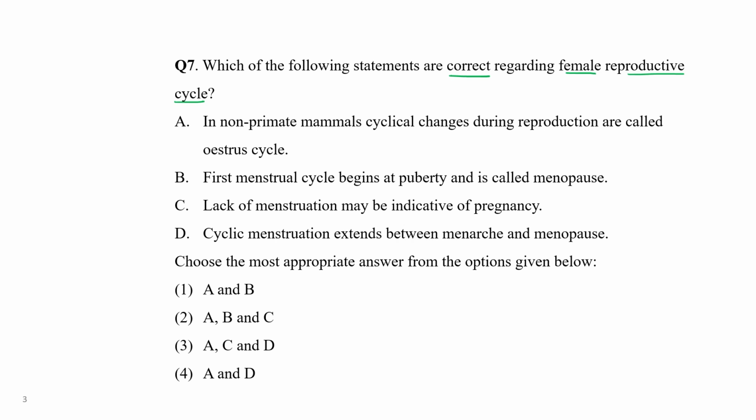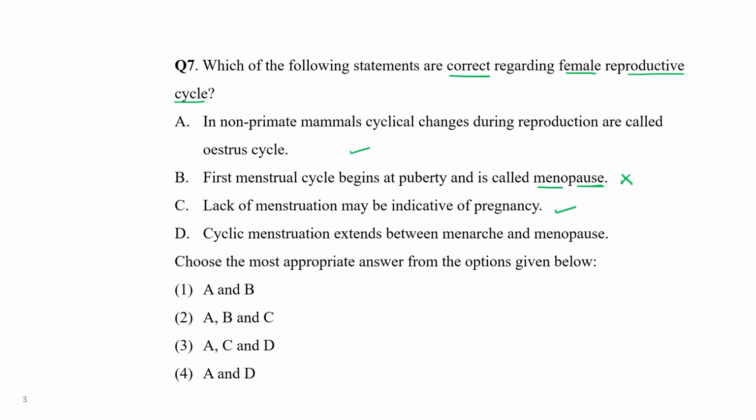In non-primate mammals, cyclic changes during reproduction are called oestrus cycle. This is the correct statement. Second, first menstruation cycle begins at puberty and is called menopause. Menopause is not the first menstruation cycle; it is the time when the menstruation cycle stops. So this one is the wrong statement. Lack of menstruation may be indicative of pregnancy.